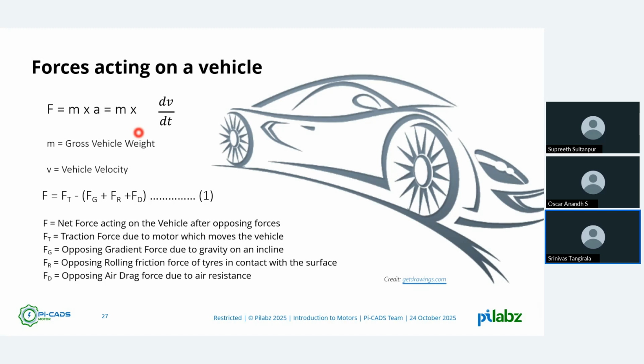So whatever traction force the motor is generating will be somewhat nullified or opposed by these three forces, Fg, Fr, and Fd. So you will have a net force F acting on the vehicle after overcoming the opposing forces. Okay, so this is a very simple vehicle force analysis, like a free body diagram.